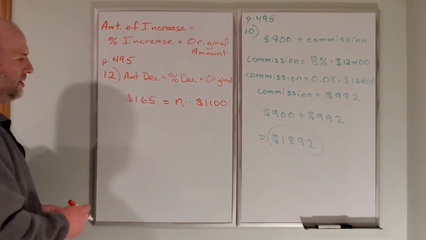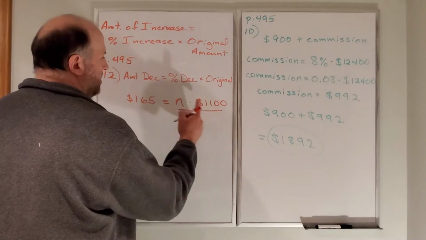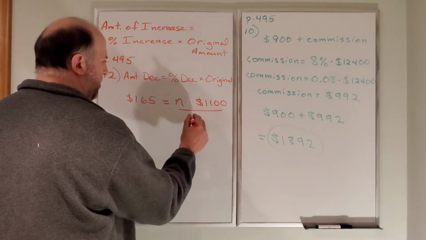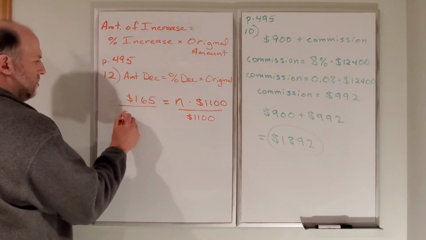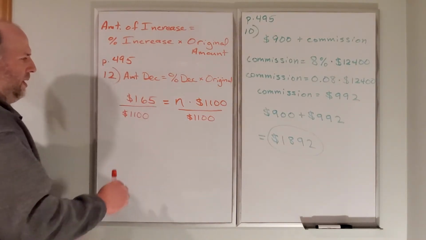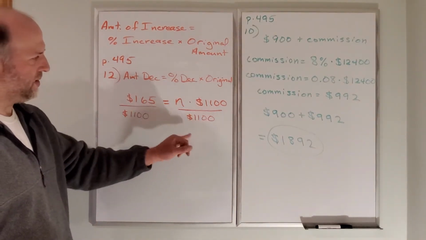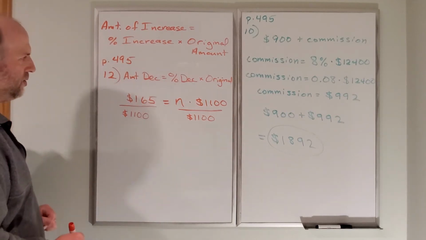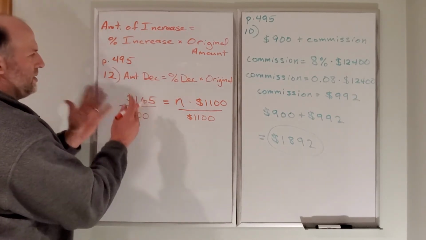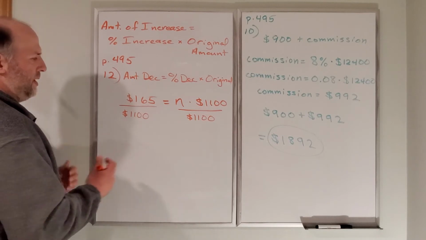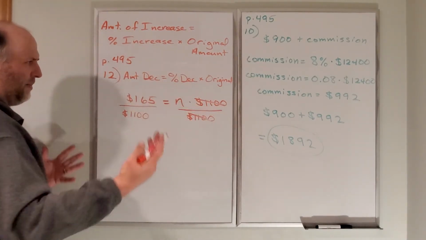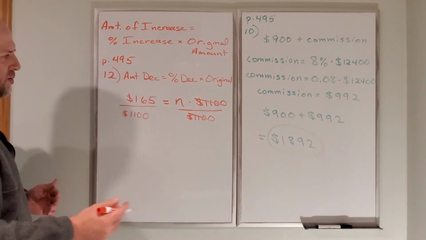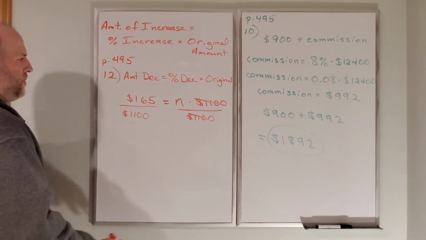As we saw in the last section, to solve for n, we'll divide by whatever we are multiplying it by. So in this case, we know the amount, we know the base, we're trying to solve for the unknown percent. But again, the context is amount of decrease or percent decrease in this case, just a very specific application of amount equals percent times base.